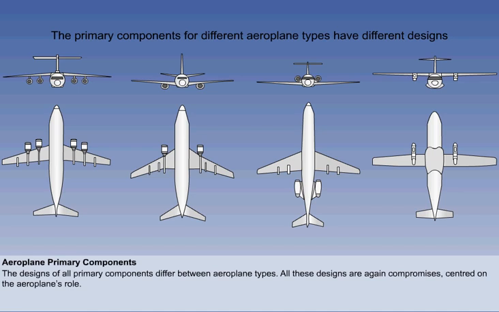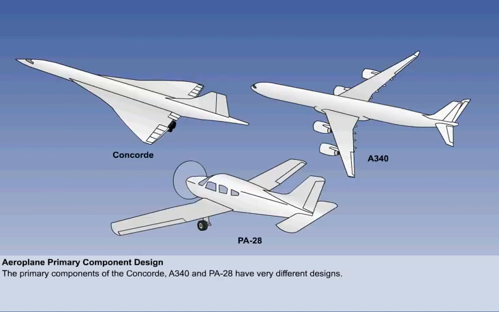Notice how the fuselage, tail surfaces, controls and engine type and placement differs between the aeroplanes shown on the screen. These 3 aeroplanes, the now retired Concorde, the A340 and the PA-28, all have very different designs. Let us now consider how the design of the primary aeroplane components varies between these aeroplanes.